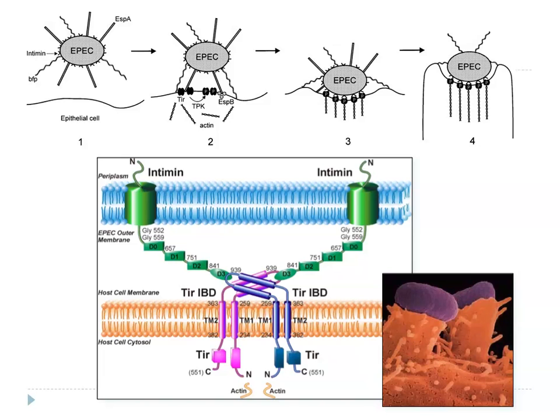You get the deployment of the EspA filament contacting the cells, releasing Tir, having various effects on actin. You get the intimate attachment where intimin and Tir come together, and then you get the rising up of the pedestal. This here shows the interaction between the various domains that have now been solved of intimin and Tir, and this doublet interaction there.